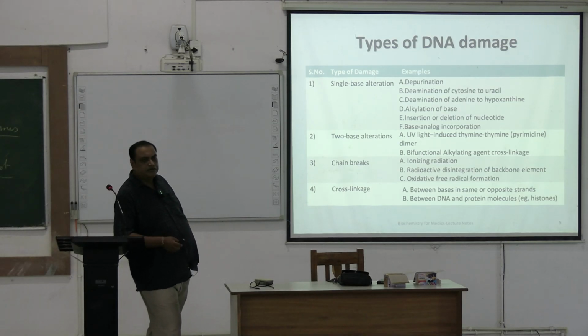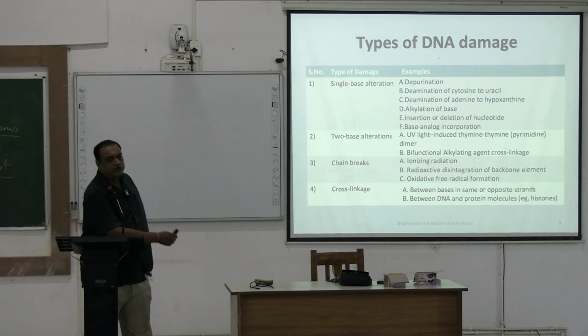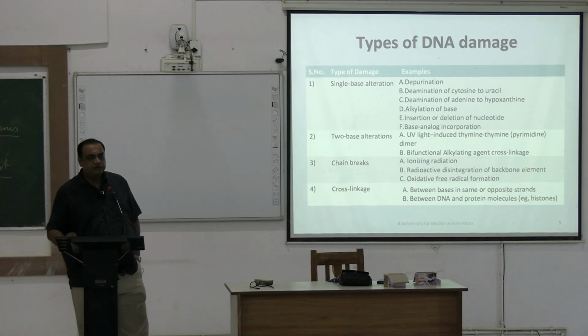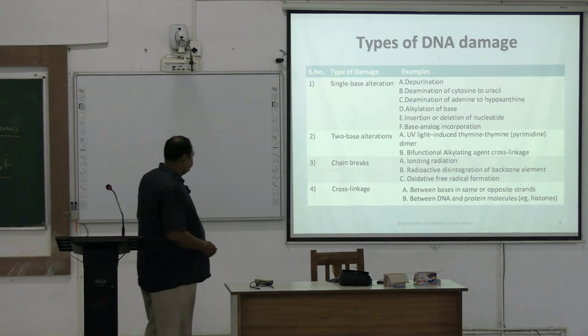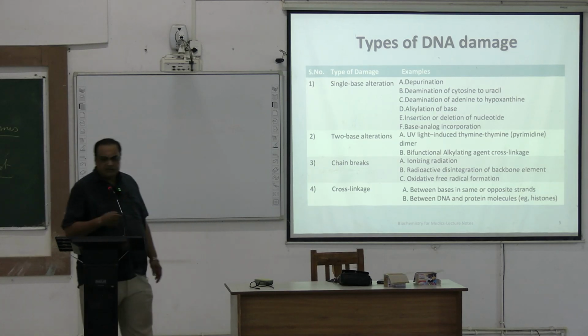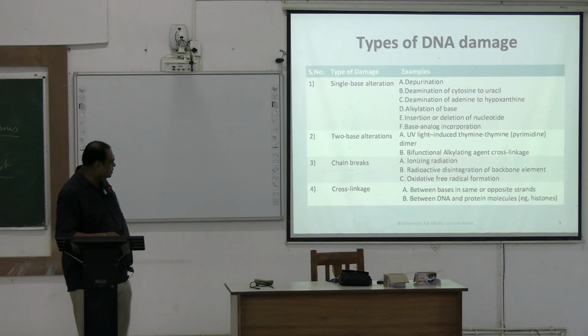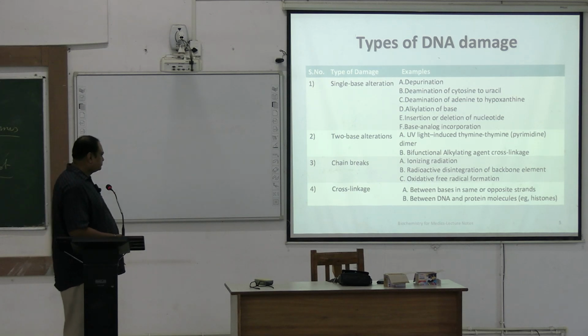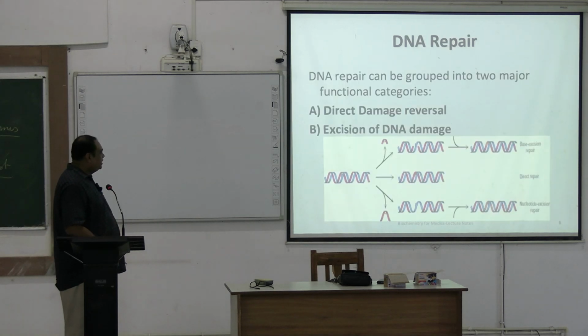It will cause damage to your gametes, which will lead to a malformed next generation. Cross linkage: sometimes 2 bases may form a cross linkage, which may be read falsely by the DNA polymerase during polymerization.